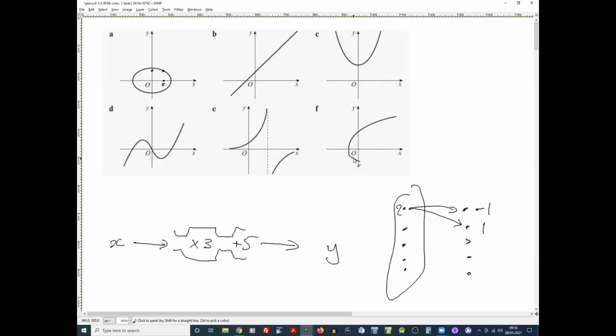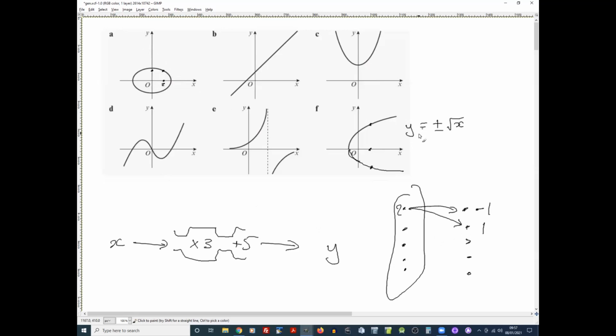Now, you're absolutely right, because that is a graph of y values equal plus or minus root of x. And you're absolutely right, the same thing is happening. A value of 2 here might be going to 1 or minus 1. So exactly a case in point of what's happening here in the same way.